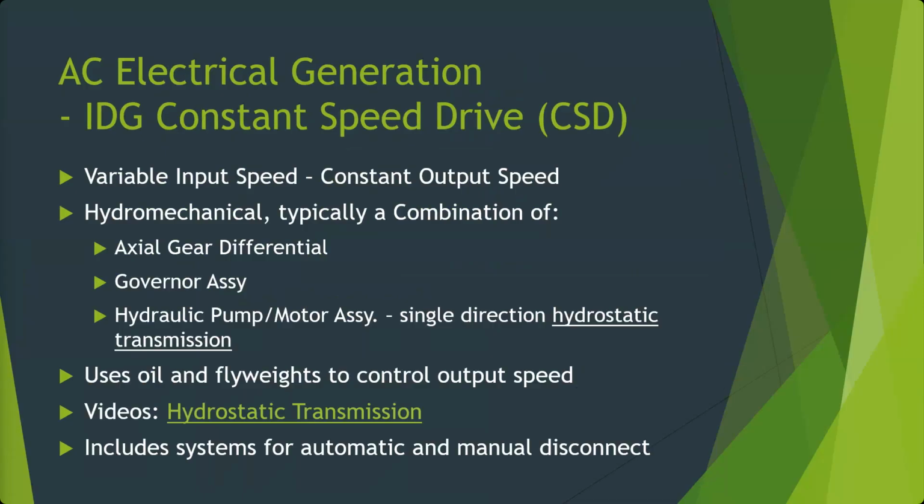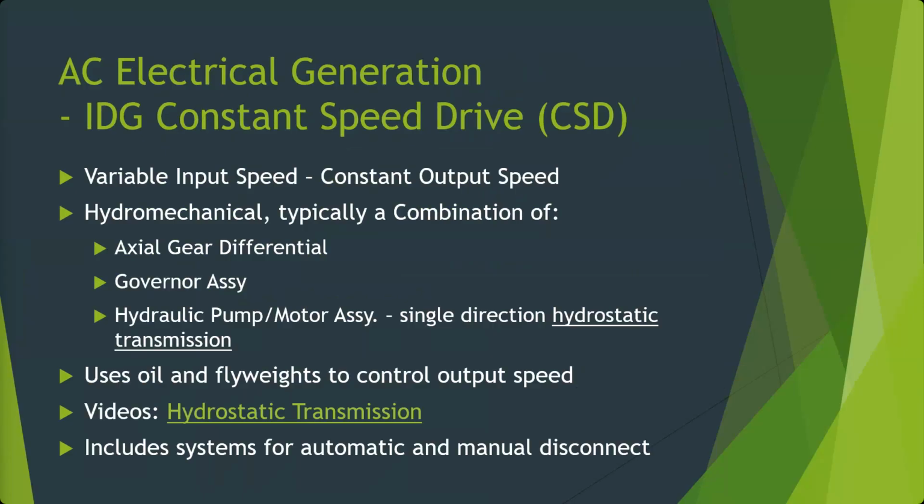And then we can adjust how much fluid that pump is sending out to a hydraulic motor, which is driving the output to the generator. At a given input RPM, if we increase the fluid flow, that's going to increase the output RPM. If we decrease the fluid flow, that's going to decrease the output RPM.